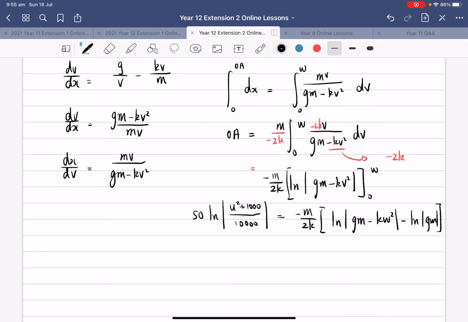All right, let's put all the information we have. m is equal to 10, that is 2 times 1 over 10. gm is equal to 100, minus 1 over 10 w squared, minus ln 100.